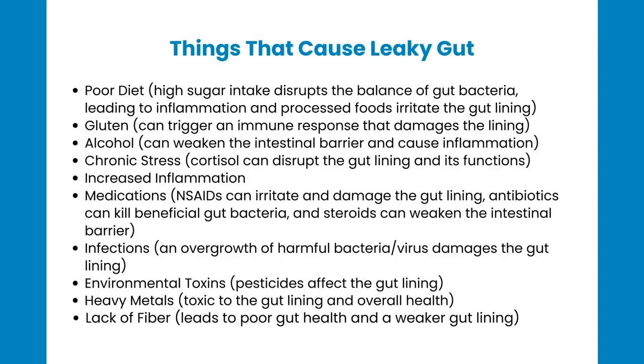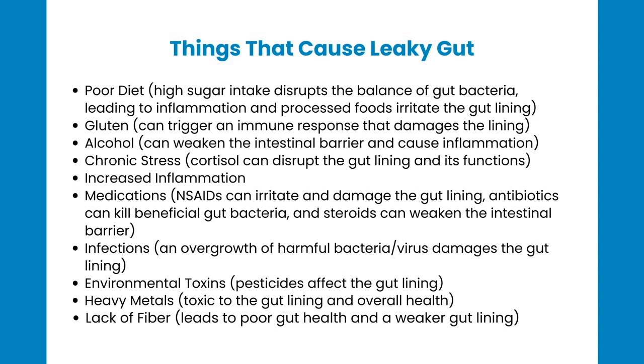So let's look at why this happens. Poor diet is probably number one. High sugar that a lot of people are eating in the standard American diet disrupts the balance of gut bacteria. So that leads to inflammation. Processed foods, things that come in a bag and a box, the food that people can easily just run in and pick up and eat in their car, that food irritates the gut lining.